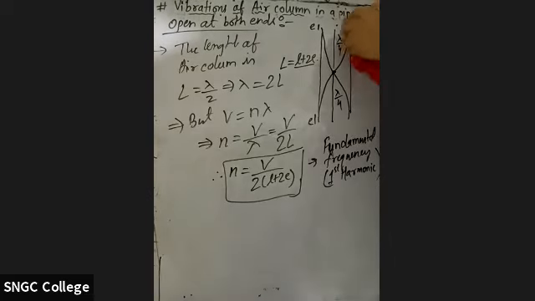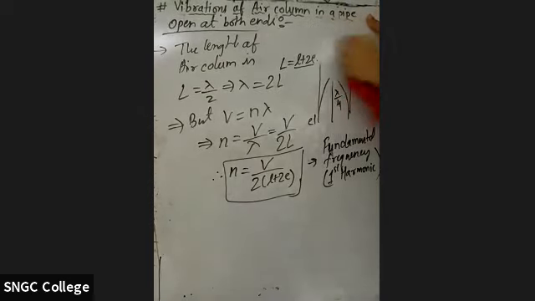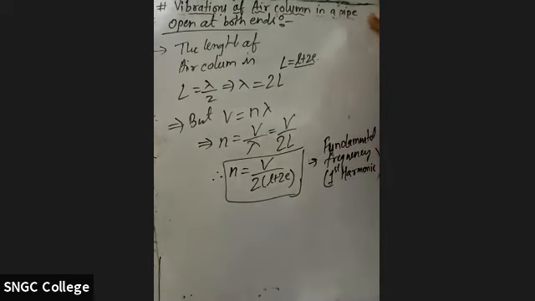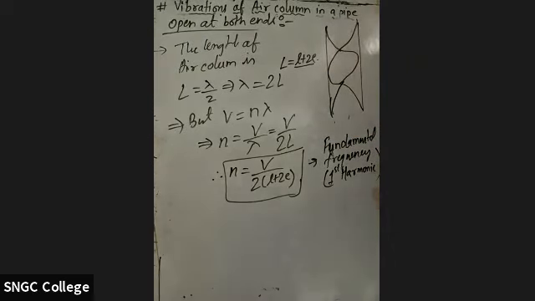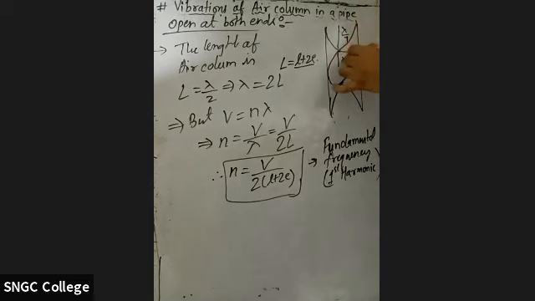Now we will see second condition, in which we will have 2 nodes and 3 antinodes. Like this. So the length would be equal to, tell me what would be the length from here to here, lambda by 4, then again lambda by 4, again lambda by 4, here lambda by 4.